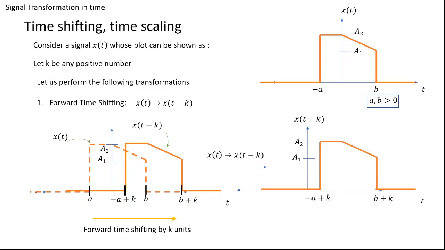As you can see, if this is the original signal, and the time shifting is represented by t minus k, then this is called the forward time shifting, and the signal is shifted forward by k units.